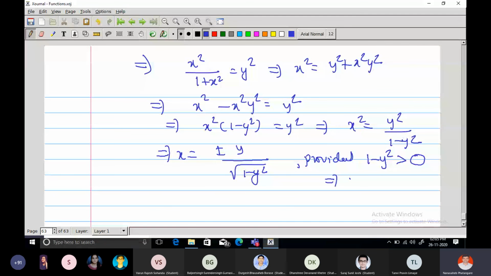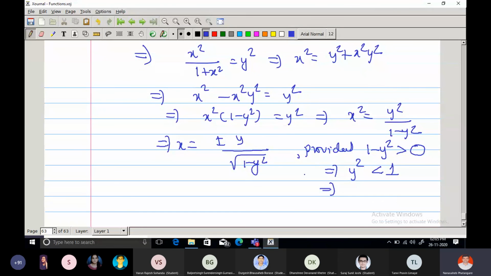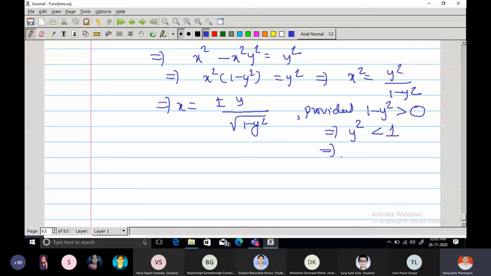That means y square is less than 1. That means y square is less than 1 means what? y belongs to -1 to 1. Am I right? Do you understand? Do you understand what I want to say? Yes?